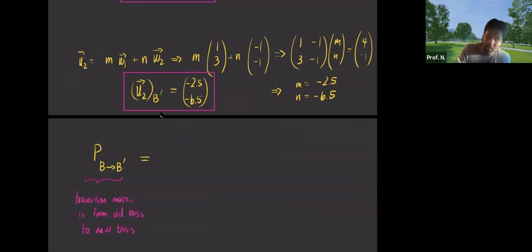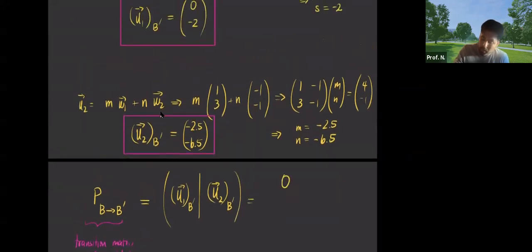What is my transition matrix going to look like? The columns are going to be the coordinate vector of U1 with respect to the new basis, then the second old basis vector with respect to the new one. We found those to be (0, -2) and (-2.5, -6.5).